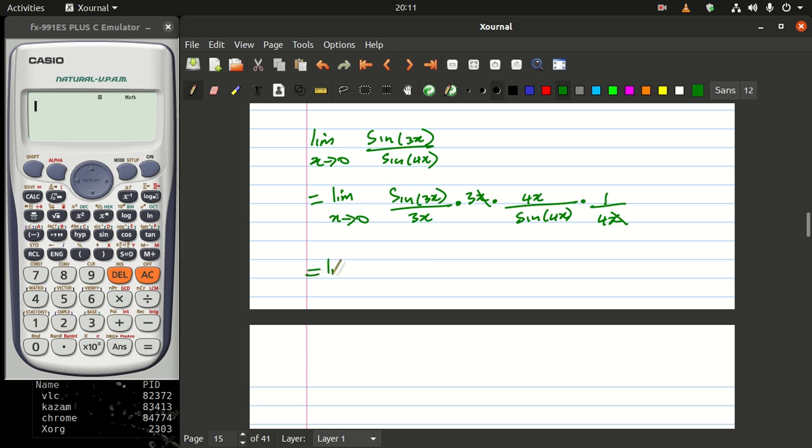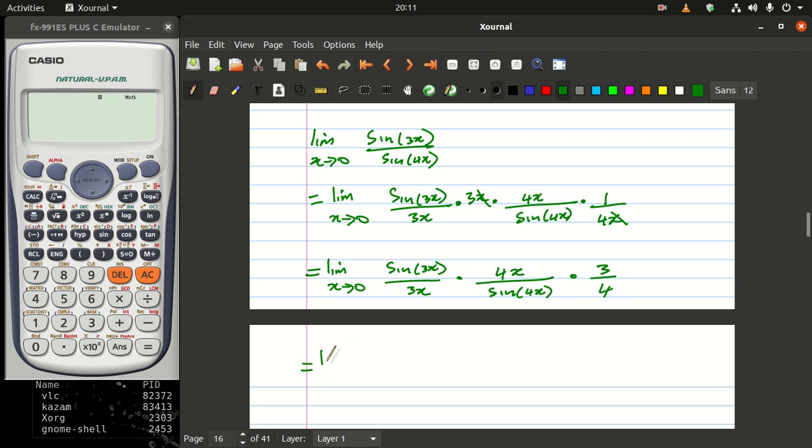And now I end up having the limit as x approaches 0 of sine of 3x. Let me write the steps one more time. Times 4x divided by sine of 4x times 3 over 4.